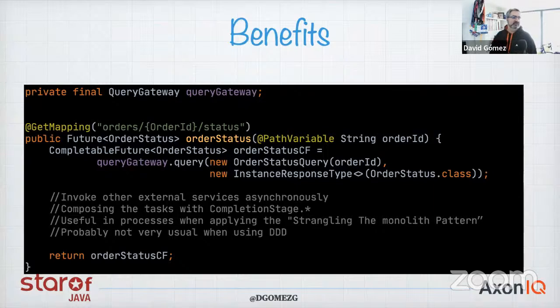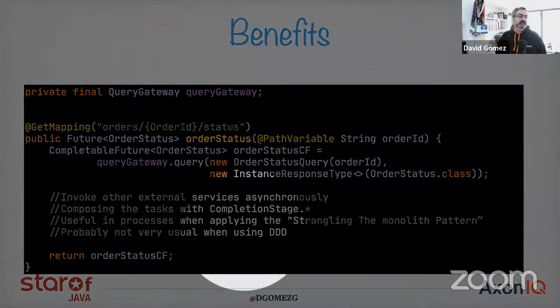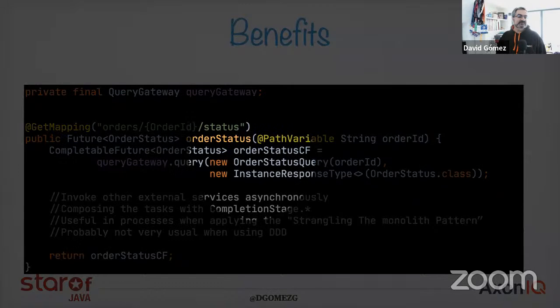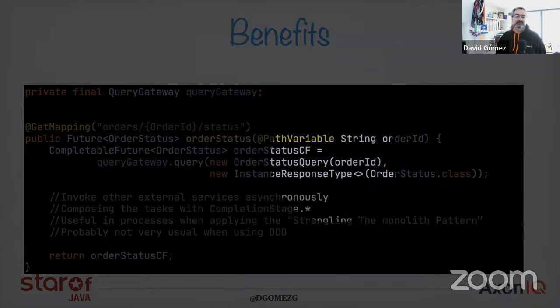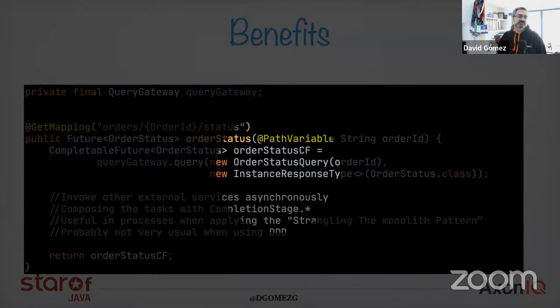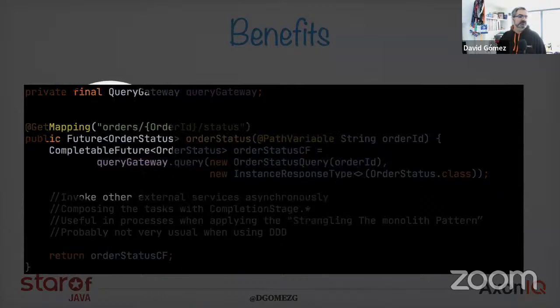Which are the benefits? Whenever anyone using Axon Framework is going to implement the REST controller that is going to invoke our query gateway, we are just asking them to provide the query, the components, the task that is going to be executed, the message that is going to be sent, and we are returning a completable future.